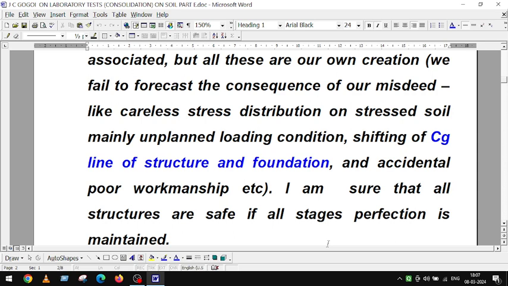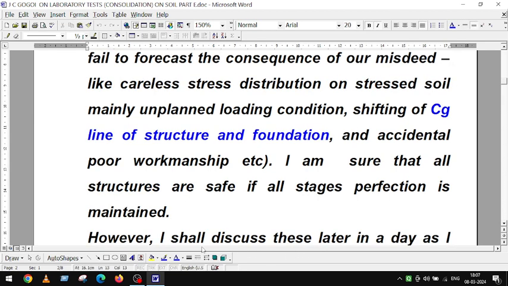Here I want to add one thing. The main demerit is poor workmanship. A good design with bad workmanship and a good design with good workmanship, there is a difference.